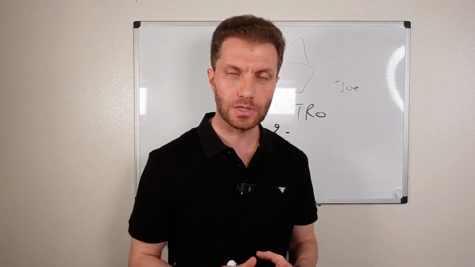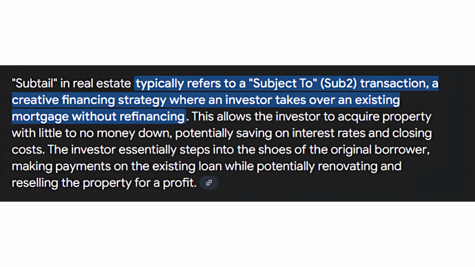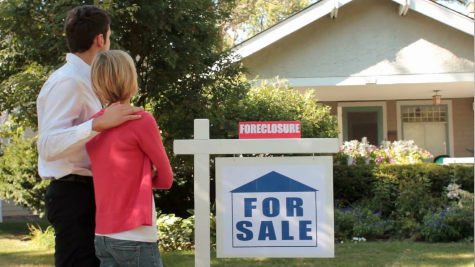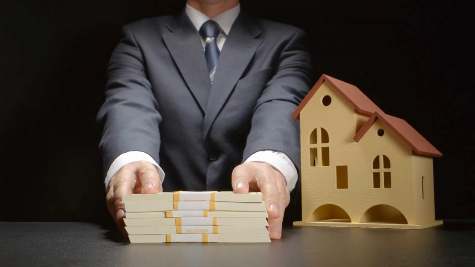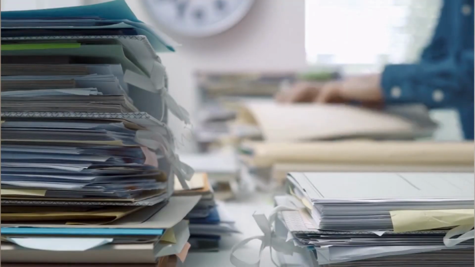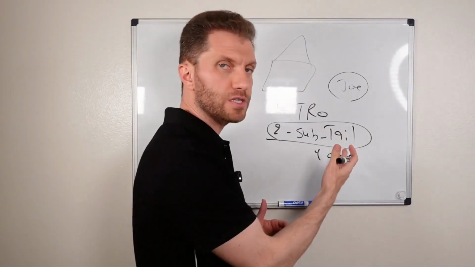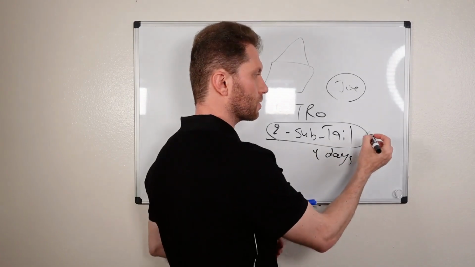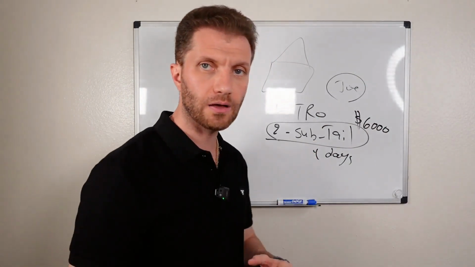Second, the option that I had to do is what's called Subtail, because that would allow us to, one, stop the foreclosure, right, by paying off those back payments, and allow us time to do our research, clearing title, checking what we can do, if it's a good fit. That's obviously an investment that we have to do, or we can always borrow that money. That's almost $6,000, right, that we have basically to pay.